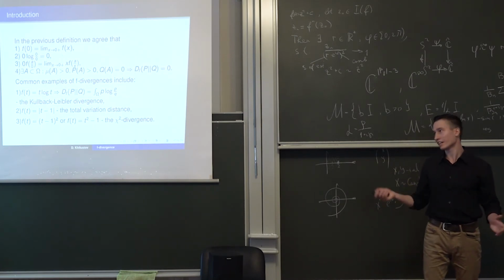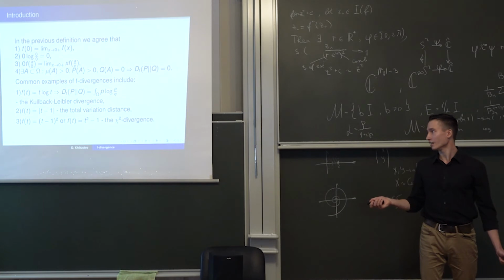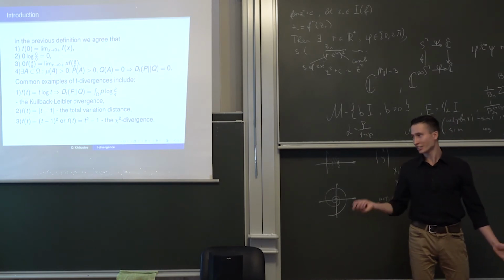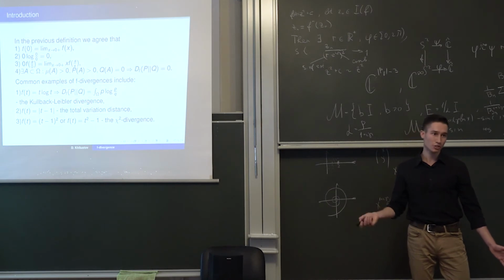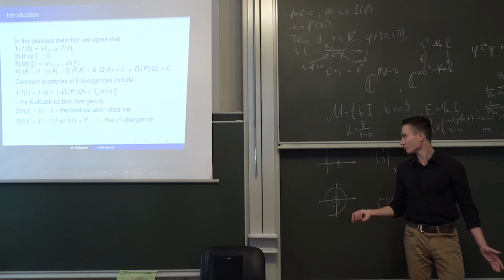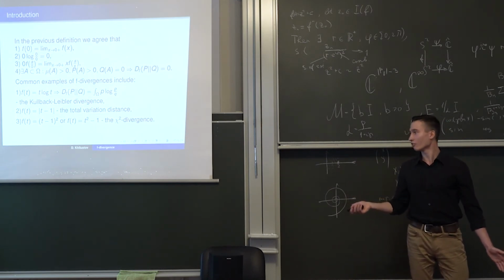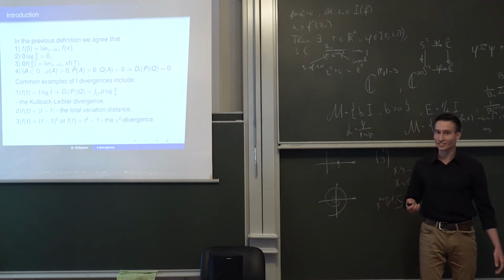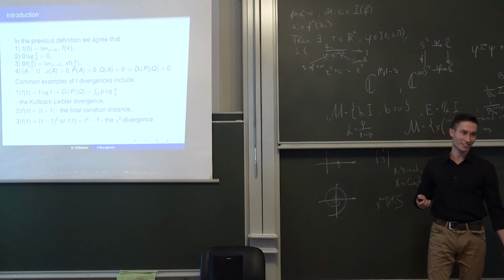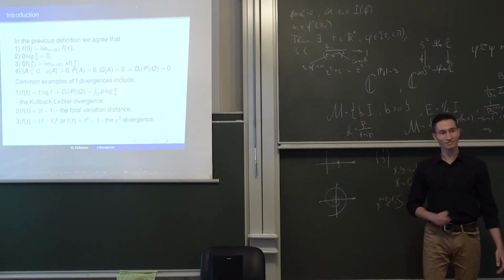But the connection is not straightforward. It requires metrization of a space of parameterized probability distributions, curvature, and the Cramer-Rao metric tensor. And so I omit it here, but if you are interested, I can provide you with literature on this topic. And one more question, please.